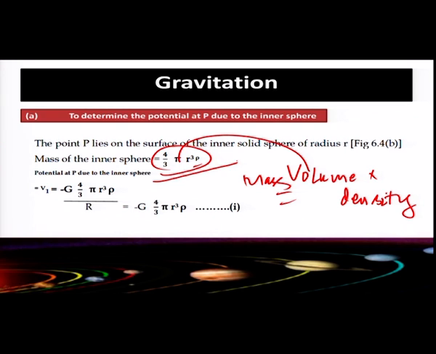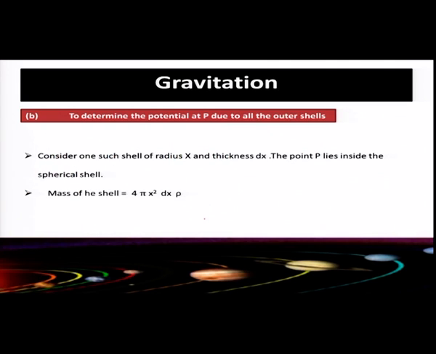Therefore, we will calculate the potential at a point due to the inner sphere. Therefore, the potential at P due to the inner sphere is V1 is equal to minus G into 4 by 3 pi r cube rho divided by r, that is equal to minus G into 4 by 3 pi r squared rho. And you consider one such shell of radius x and thickness dx.